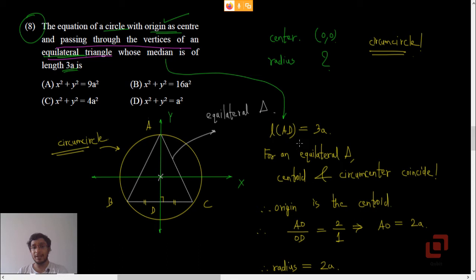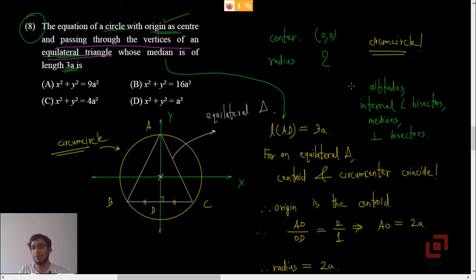Now an equilateral triangle is a special triangle in the sense that its altitudes, its internal angle bisectors, its medians, and its perpendicular bisectors, all of them are coincident.